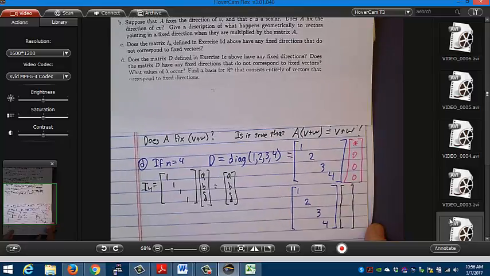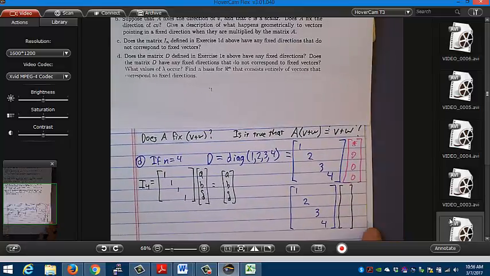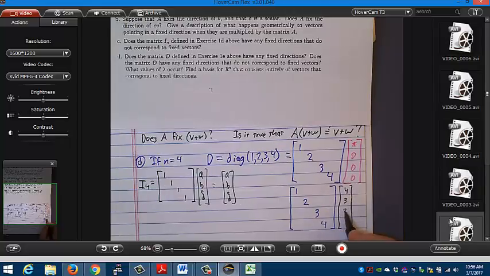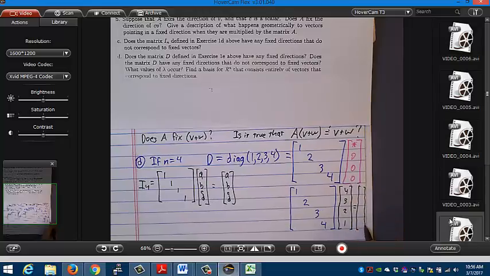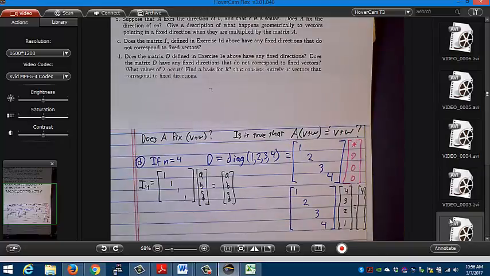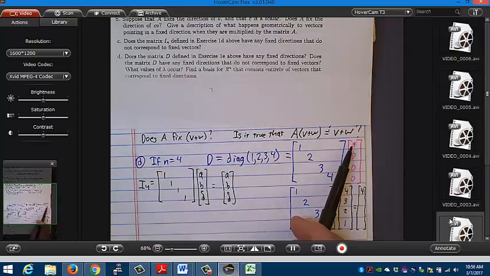4, 3, 2, 1 is okay. If I do 4, 3, 2, 1, let's see what happens. Do you see what we get? What's the first coordinate going to be? 4, which I kind of knew would happen, because remember that anything that looks like this gets fixed.